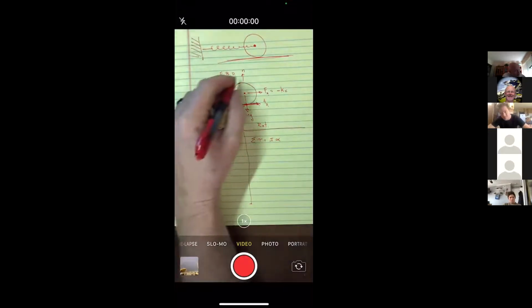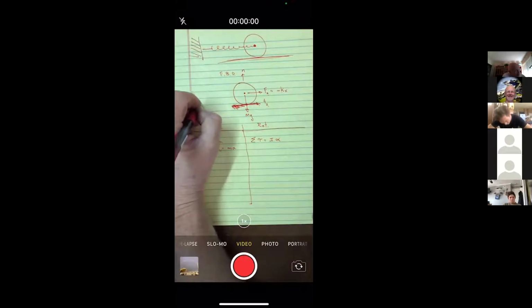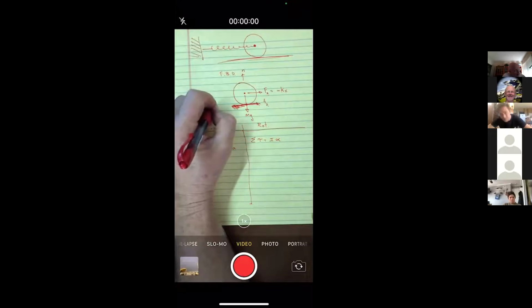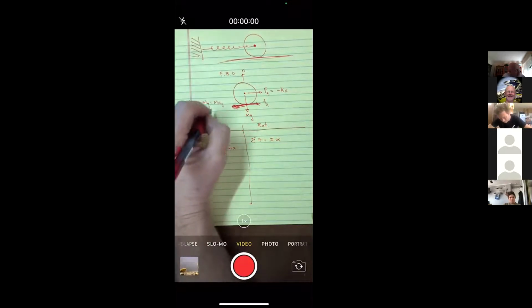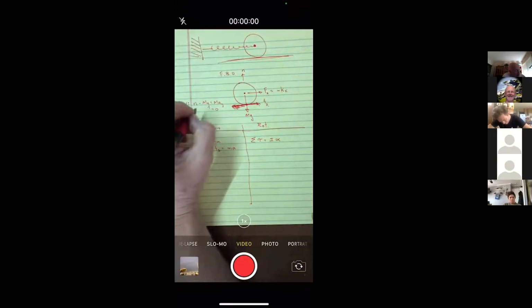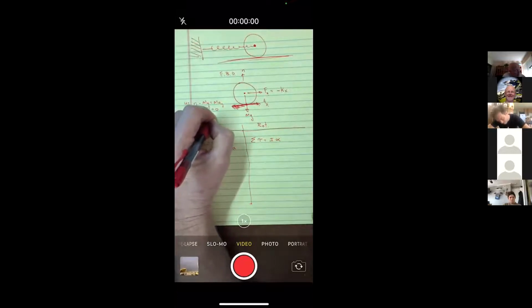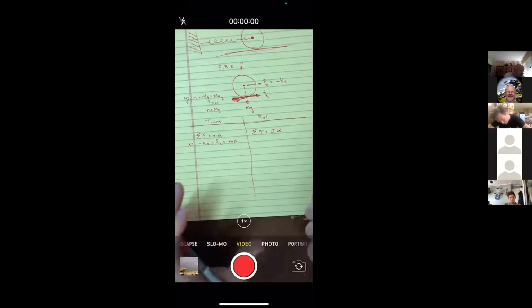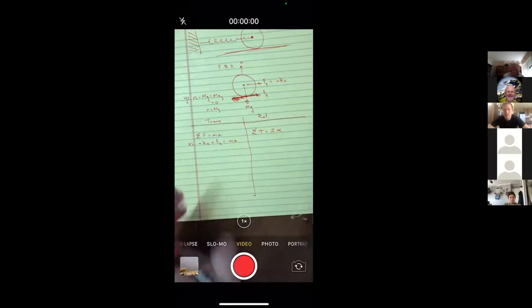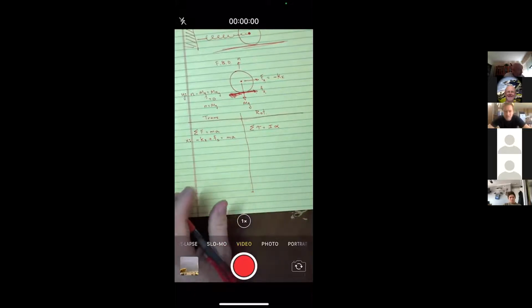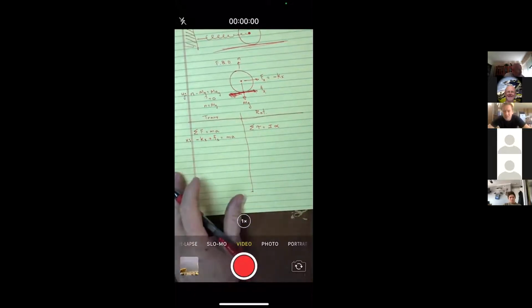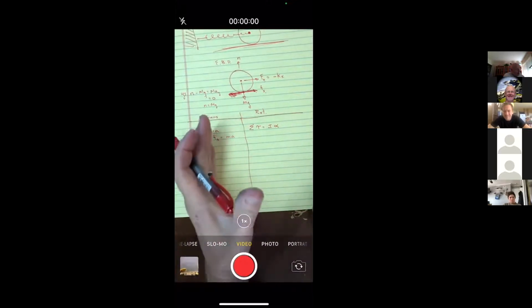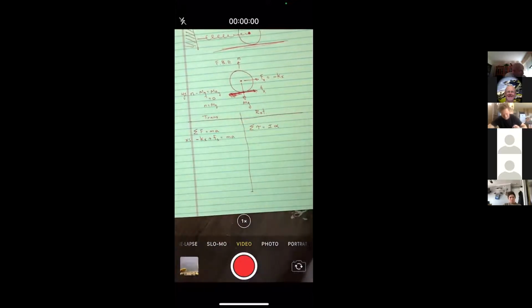But if I add up the forces in the y direction, I get normal up, mg down. That has to equal mass times acceleration in the y direction, which equals 0, which means the normal force is mg. If we need the normal force for anything, that's what the y direction will give us. I don't think we do. That's why I put it off to the side. I think this is just a horizontal forces and rotational problem.